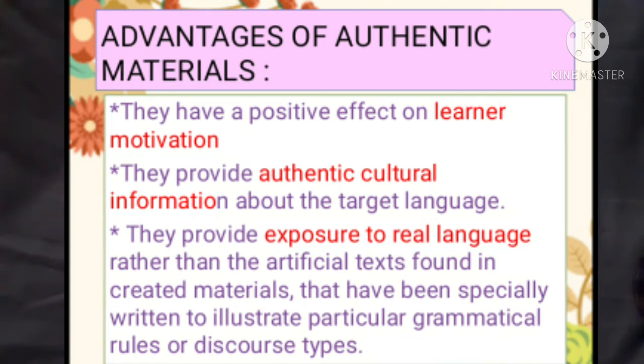Number three, they provide exposure to real language rather than the artificial text found in created material that have been specifically written to illustrate particular grammatical rules or discourse types.